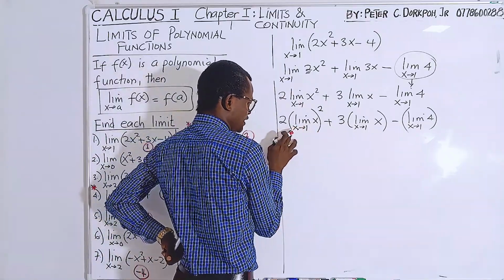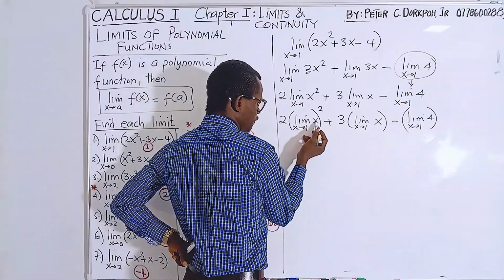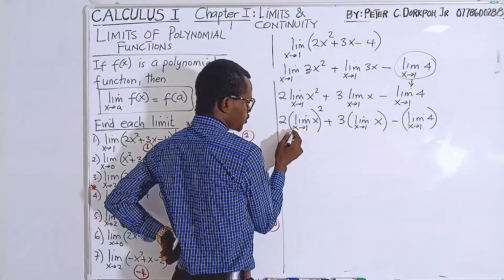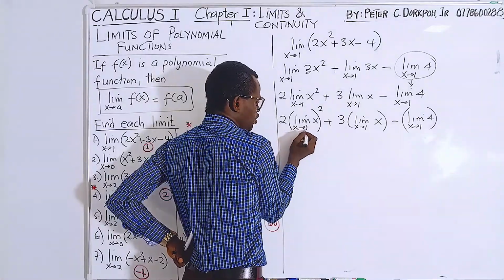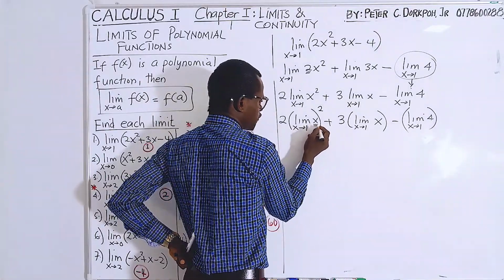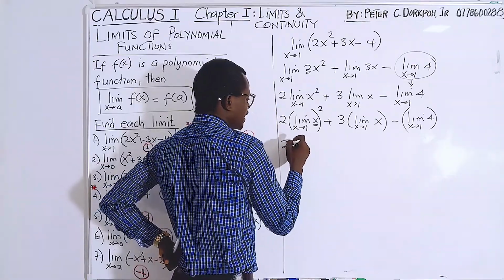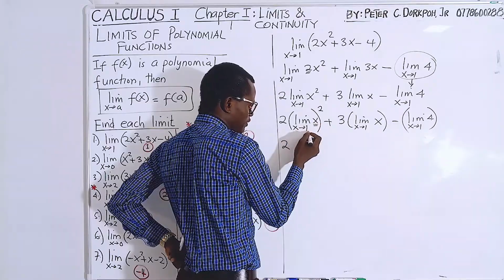The limit provides that x is the function, and you have the variable within this function, x is approaching 1. So as x is approaching 1, what becomes of the function x? So now we have 2. Whenever you are applying the limit, you are replacing this x in there with the value that is given.